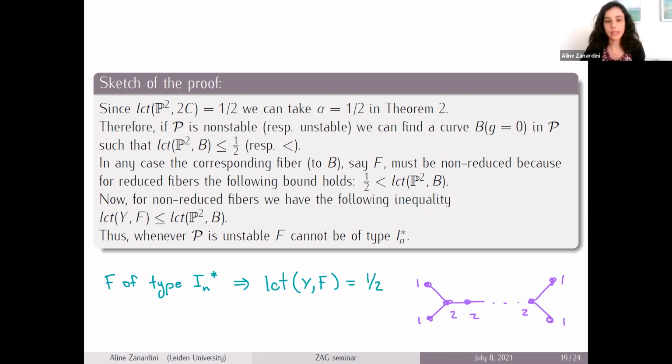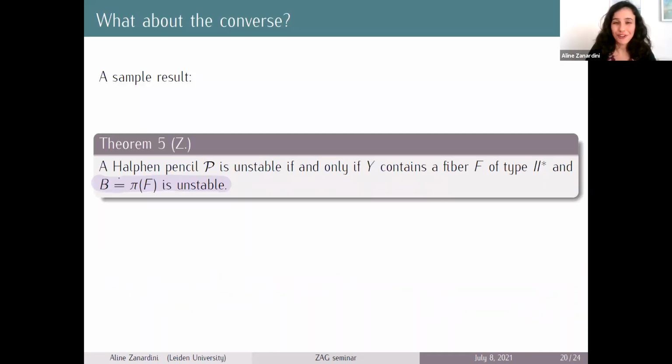Well, the statement that we just proved is of the form: I assume my pencil is non-stable or unstable, and then I conclude something about the types of fiber in the corresponding elliptic surface. And of course, a natural question is, okay, what about the converse? And here is a sample result, which is actually an if and only if statement, which is quite nice.